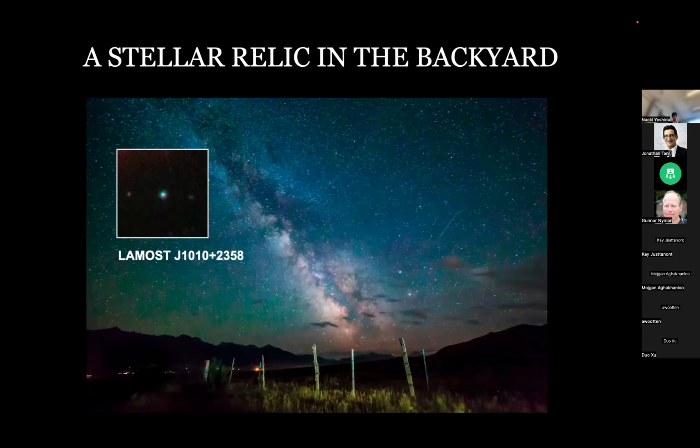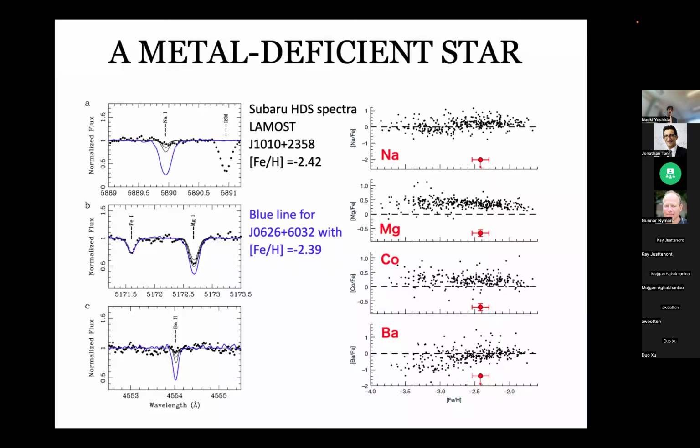The other one is also interesting. It's actually a relatively nearby object within our Milky Way galaxy. This particular star, LAMOST J1010 or so, is a stellar relic. What is that? This is a high-resolution spectrum of this star with a small iron content. So this is a typical metal-poor star with an iron content of -2.4 or so.